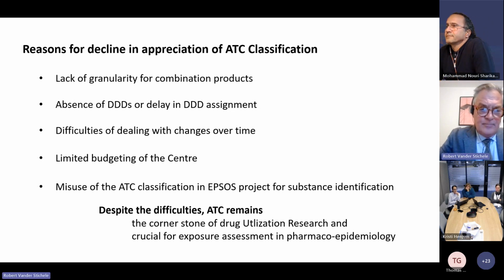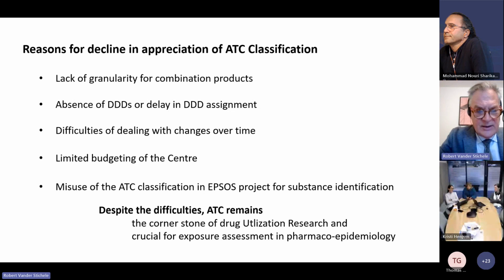Some DDDs are missing or delayed. There are some difficulties in dealing with the changes in the ATC classification over time. And the support of the classification and the support of the center has been limited.